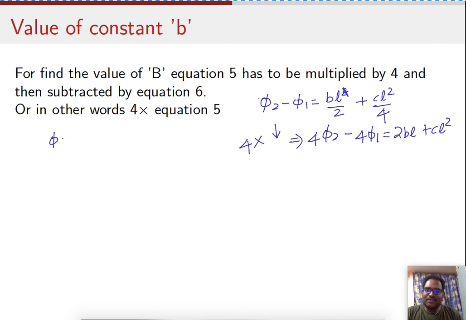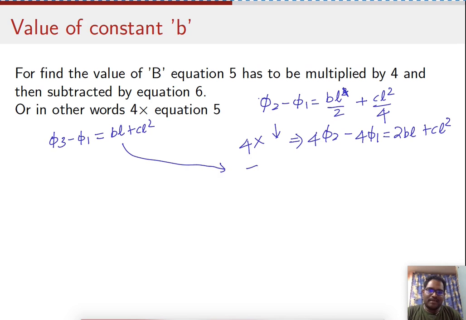The next equation is phi 3 minus phi 1, which is equation 6, is equal to BL plus CL square. So this again, as usual, we are going to multiply it by minus 1. So this becomes minus phi 3 plus phi 1 is equal to minus BL minus CL square.